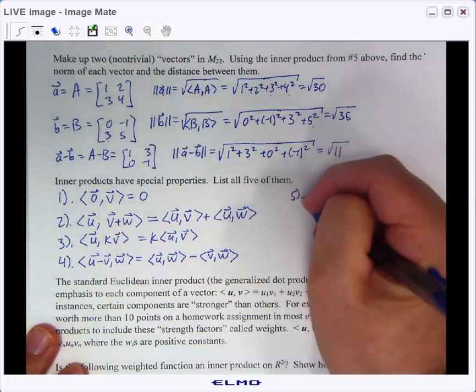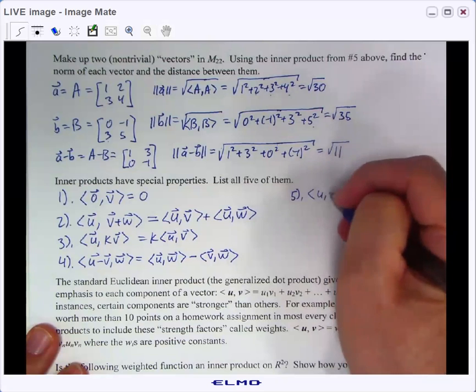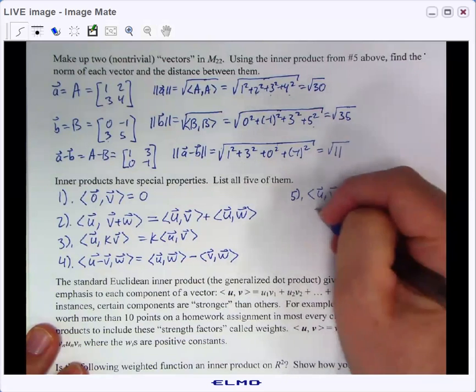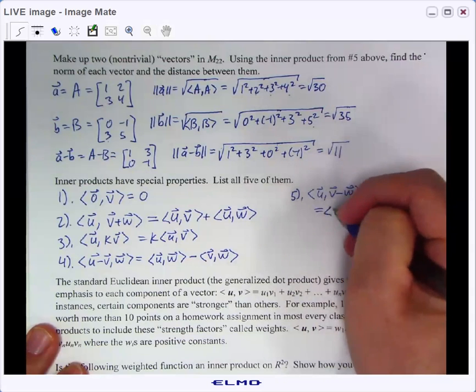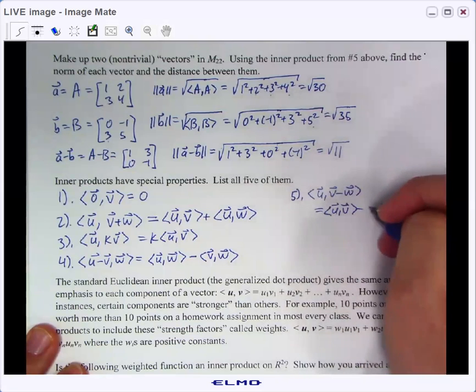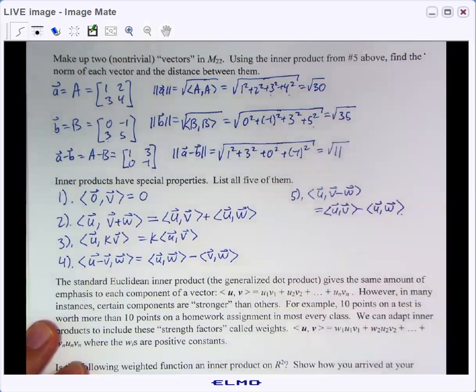And the last one, U inner product V minus W, unsurprisingly, is equal to U inner product V minus U inner product W. All right, so there are some basic properties for the inner products that come as natural consequences of the 4 basic axioms.